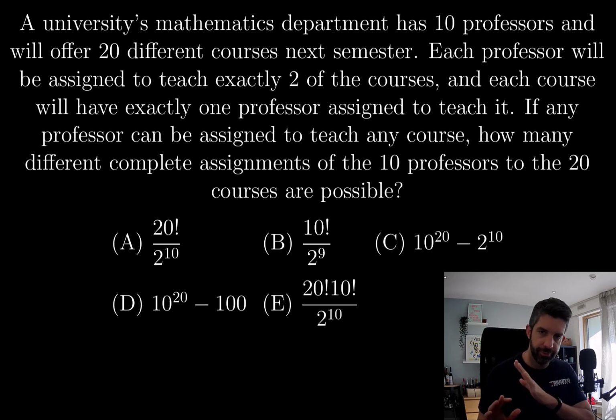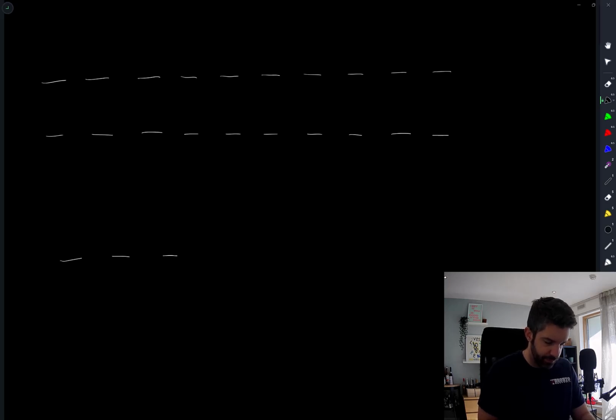Okay, so to translate the word problem into a combinatorial thing here, I have a list of 20 objects, which are the courses, and I have a list of 10 professors.